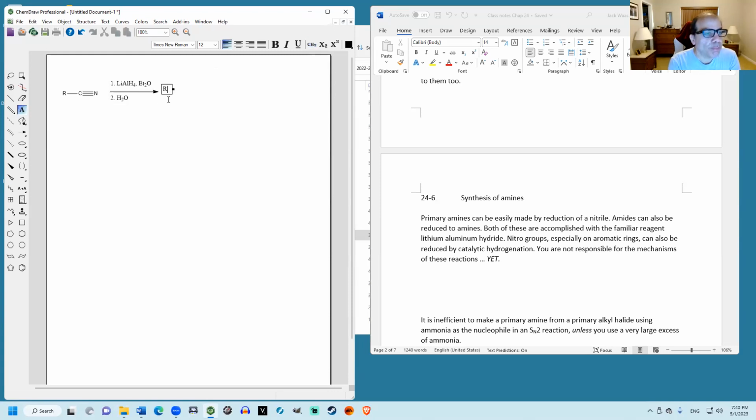And you will get the corresponding primary amine. As usual, corresponding meaning that it has the same number of carbons as what we started with. And amides can be reduced to amines also.